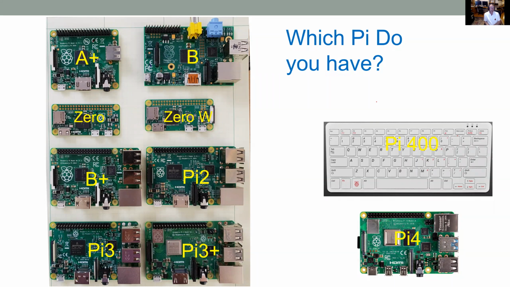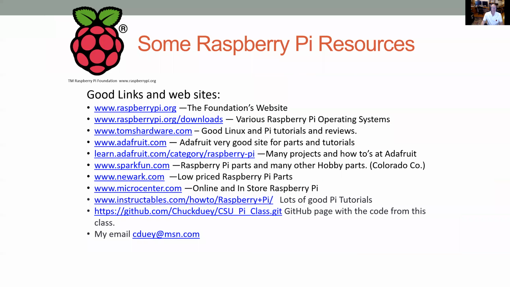That's always good to have, because prior to the 3, you didn't have Wi-Fi built in. As far as the bigger boards, only the 0W had Wi-Fi. Okay, very good. We'll get to some fun with Pi in just a few minutes here.